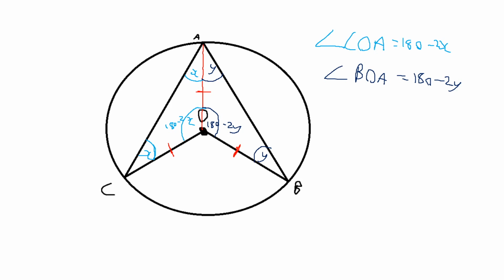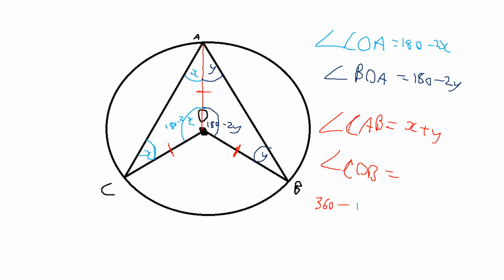So now, I must ask, what does angle CAB equal? Well, that's pretty obvious. It's x plus y. But then what does angle COB equal? Well, we know that in a circle there are 360 degrees. So that's just going to equal 360 minus, and let's write down what we have here.